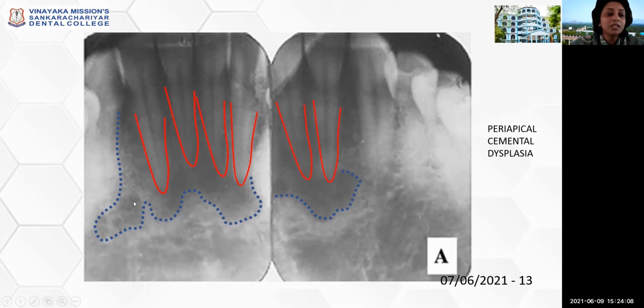So with these features, we can easily diagnose it as periapical cemental dysplasia. And in the long-standing early lesion of periapical cemental dysplasia, the root tip will appear like a sharpened pencil. So that is one radiographic feature by which we can diagnose periapical cemental dysplasia.